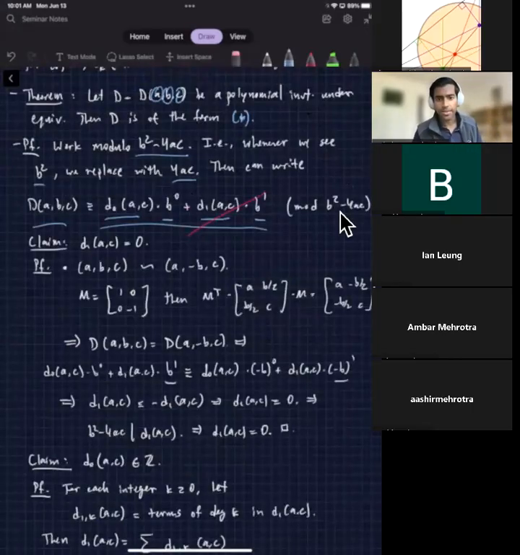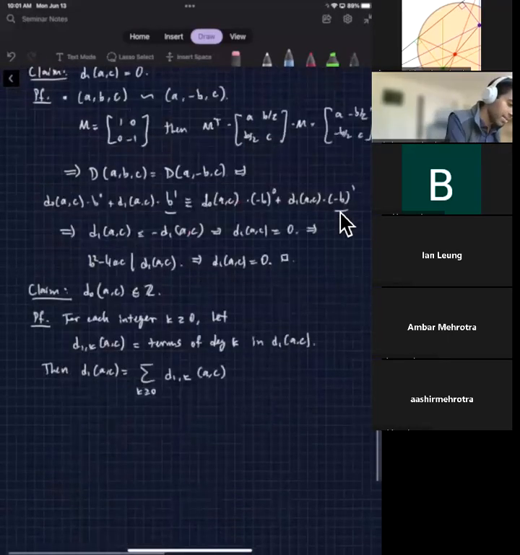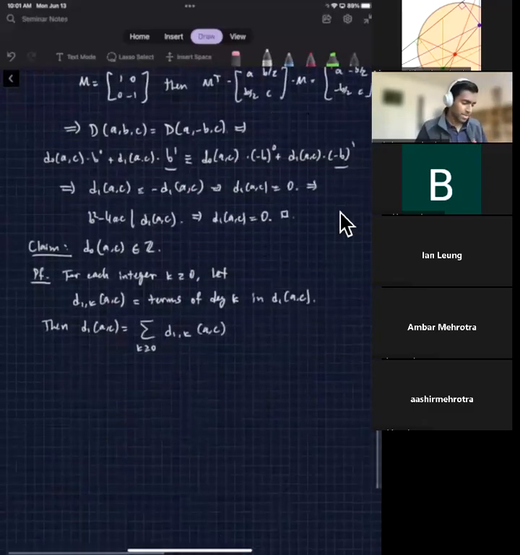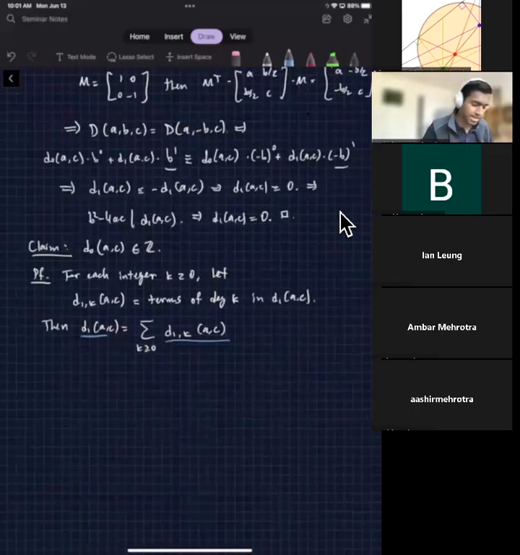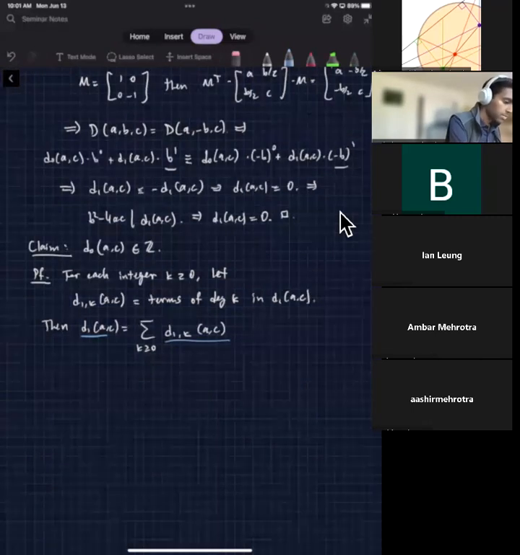So they don't actually have any values. So if 2 d1(a,c) is equal to 0 mod b squared minus 4ac, then d1(a,c) is equal to 0. Yeah. Okay, great. So we've taken d1(a,c) and we've partitioned it into these polynomials d1k, where each d1k is homogeneous of degree k.